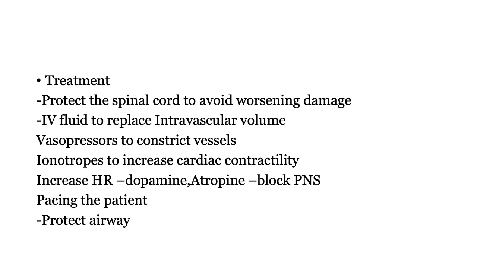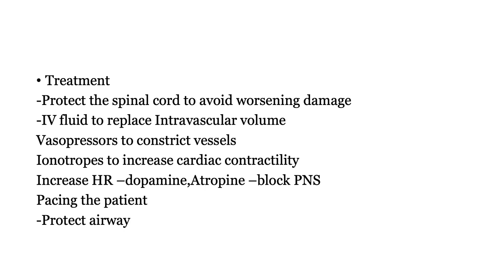So treatment, first of all, we need to protect the spinal cord to avoid worsening the damage already caused. So remember to log roll the patient and place a rigid cervical collar to prevent further damage. So we shall give intravenous fluids to replace the intravascular volume.